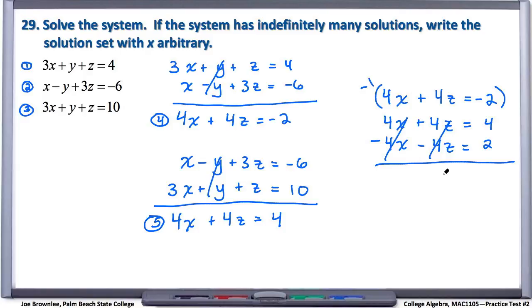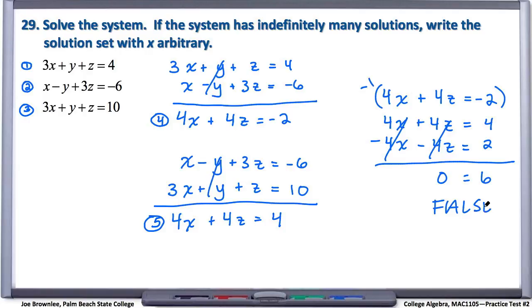So on the left-hand side, everything cancels, so we're left with 0. And then here on the right, we have 4 and 2. Well, 4 and 2 gives us 6. And so we're left with 0 = 6, aren't we? And is this a true statement? Does 0 equal 6? No, that's not true.